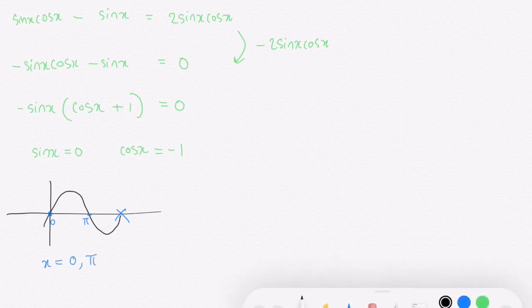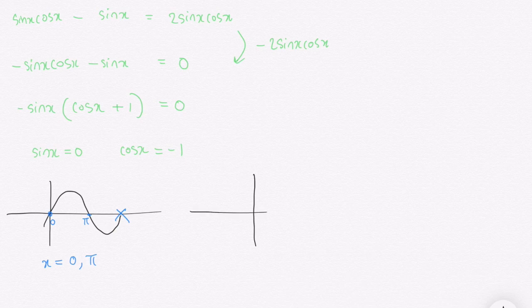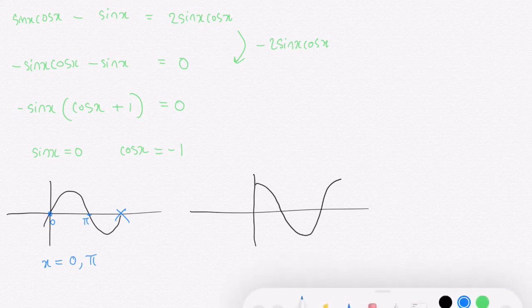And then finally we need to deal with cosine x equals negative 1. Well, here is our cosine graph, and here is our negative 1. This is our line of symmetry through this part of cosine. So we know that this line of symmetry in degrees, that's 180, but we know that is pi radians.